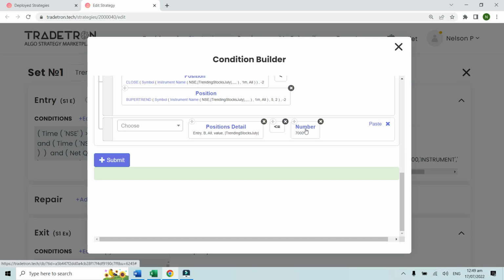All right, for 4 times entry, it should be less than somewhere around 20,000 but greater than 15,000. Similarly, for 5 times entry, it should be less than 25,000 but greater than 20,000.